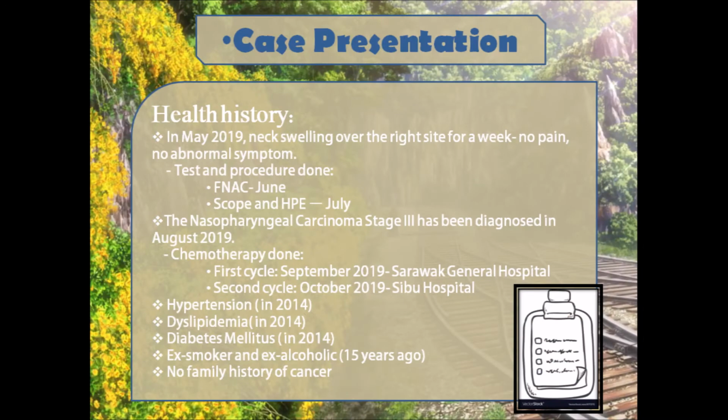Health history. In May 2019, patient complained of neck swelling over the right side for a week with no pain or other symptoms. He underwent some tests and procedures such as fine needle aspiration cytology (FNAC) in June, scope and histopathology examination, which is the HPE test, which was done in July 2019.